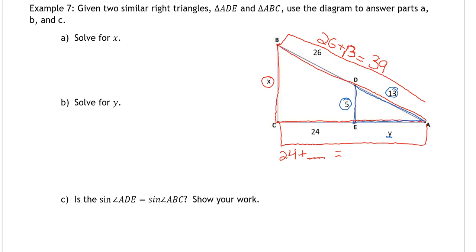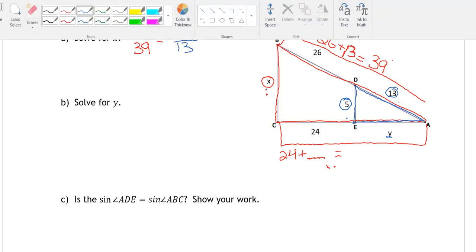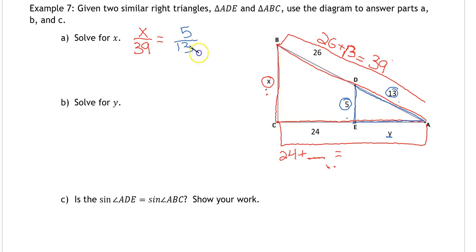Okay. So I'm going to start by solving for x. So I know x over, I don't want to do down here, I don't know this side. So I'm going to do x over 39 equals, switch to my blue triangle, to match with x is 5 over 13. Okay. I'm going to cross multiply. So I have 13 times x equals 39 times 5.